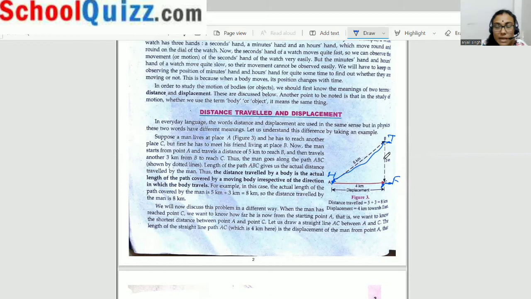So what will happen? Here, the distance traveled by a body is the actual length. Here we will measure the actual length.